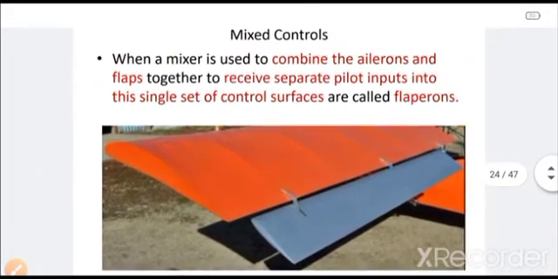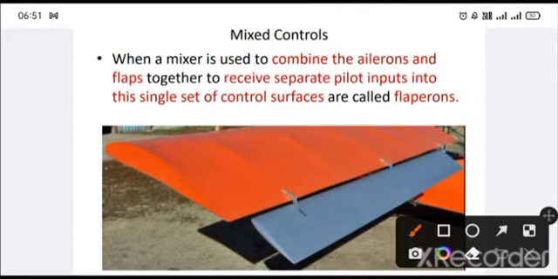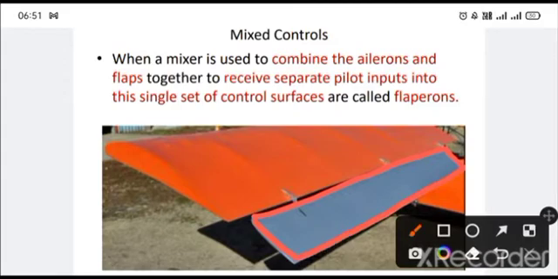So now, if a primary control surface is having a mixed operation with a high lift device, just like over here we can see that the aileron and the flap are fixed together in one unit, and they are known as flaperons.